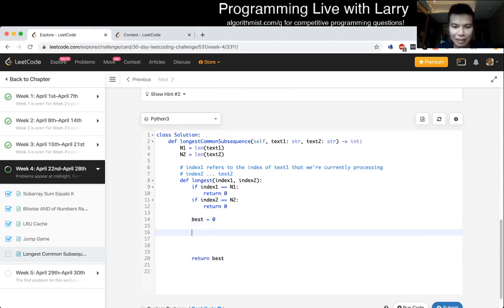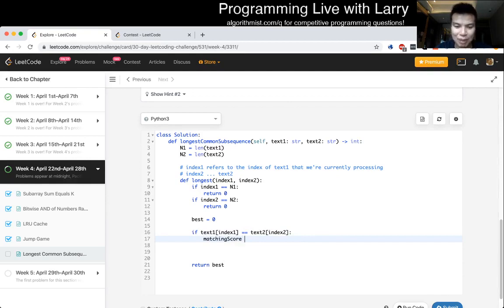Okay, if text 1 of index 1 is equal to text 2 of index 2, that means the beginning of the two strings are equal, so you could pop them and put them on as part of the longest common string. So the current result for matching, let's call it the matching score.